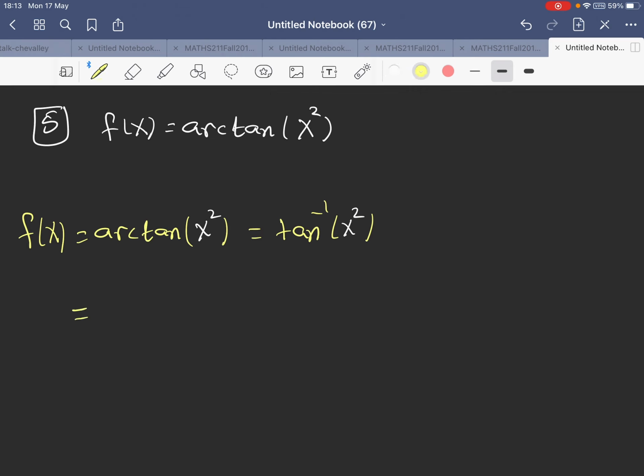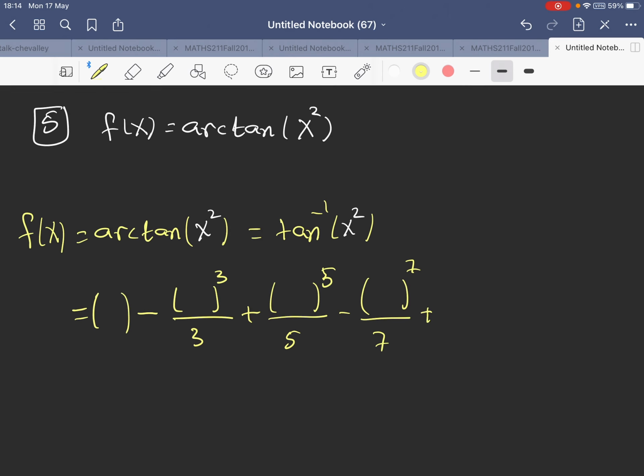If I just write it as expanded form, start with something and then alternating: something, and then something to the power 3 over 3 plus something to the power 5 over 5 minus something to the power 7 over 7, and so on.